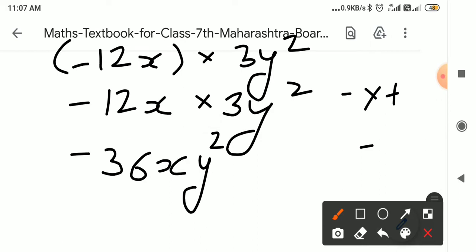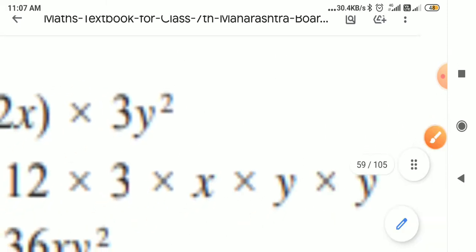So the answer is negative. So this rule we have to follow. The multiplication is the same, but for the signs we have to follow that rule. So minus into plus is equal to minus. So minus 12x into 3y square is equal to minus 36xy square.